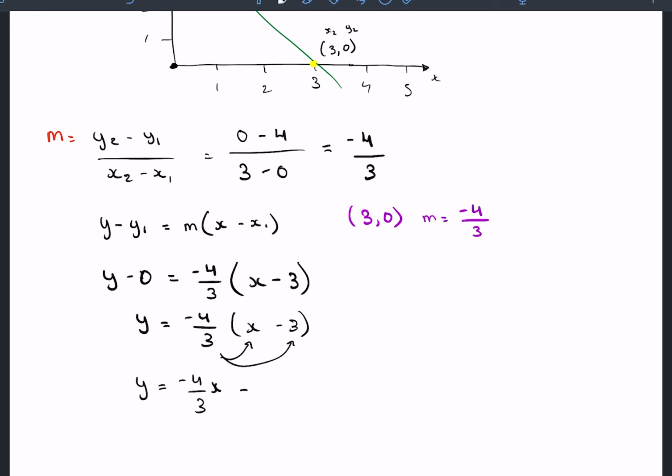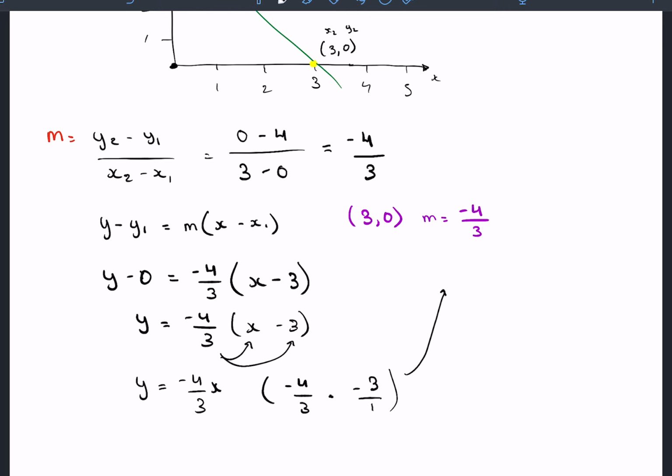When we multiply this in, we get, remember that negative 4 over 3 times x is negative 4 over 3x. And now we're going to multiply, let's just put this in brackets, negative 4 over 3 multiplied by negative 3 over 1. So when we multiply this out, let's just bring this to the side.